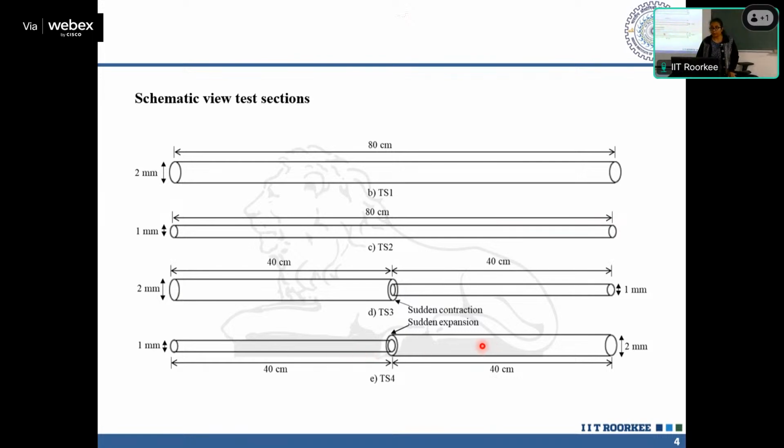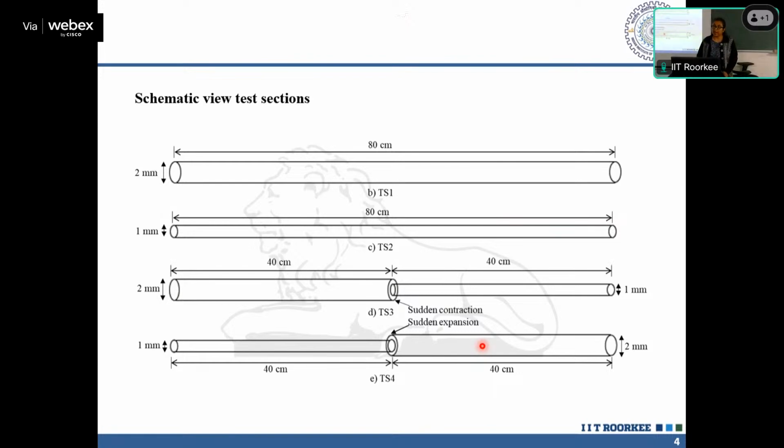The reason we are doing this is that when we go back to the literature, we have seen that people have used multiple series of sudden area contraction and expansion in order to enhance mass transfer or mixing in miniature geometries.